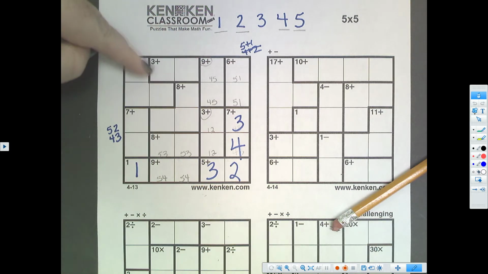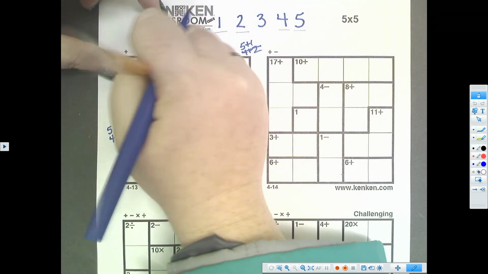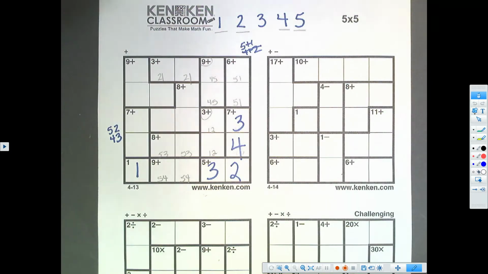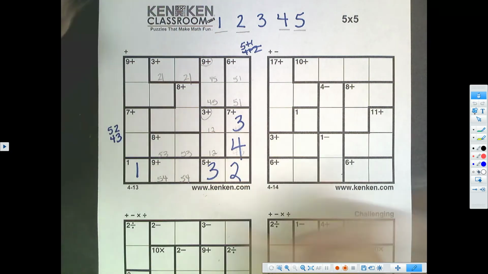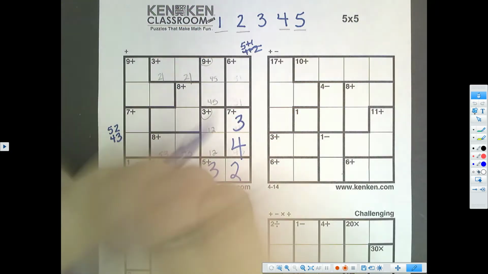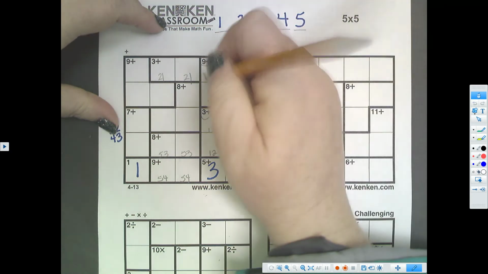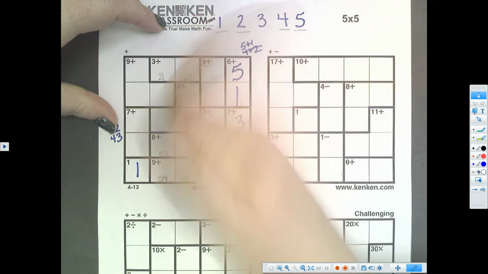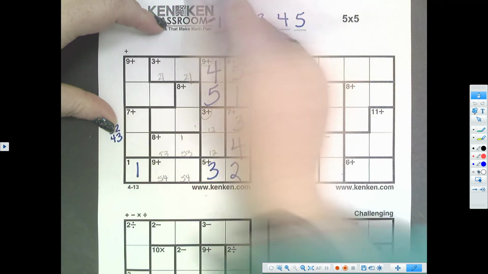All right, for this 3, I know that it would have to be 2 plus 1, which means this box, the 5 has to go on the top. And on this box, the 5 has to go on the bottom, so that the 5s are in different rows.